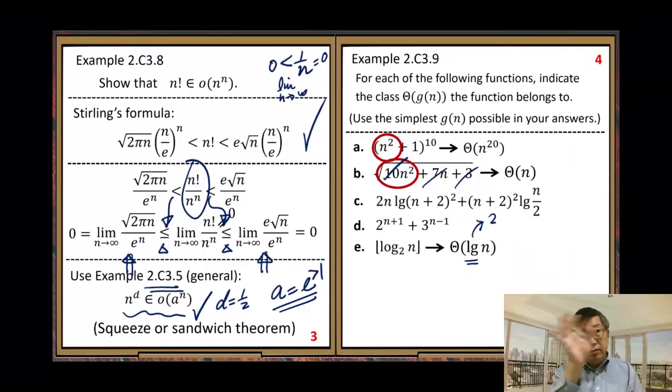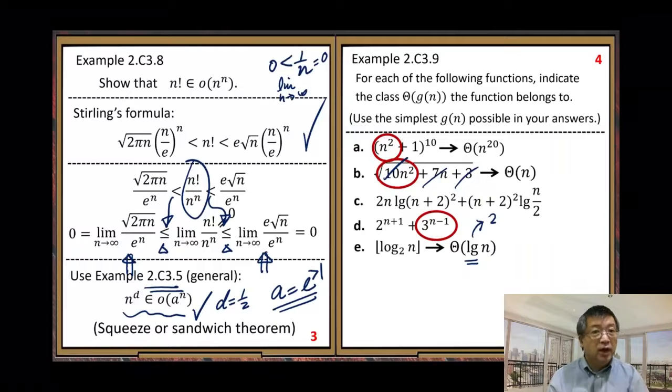But as I said before, whether it is base 2 or 10 is really not important. We will see that because the difference is just a constant difference, and a constant difference is not important for our asymptotic notation. Okay? All right.